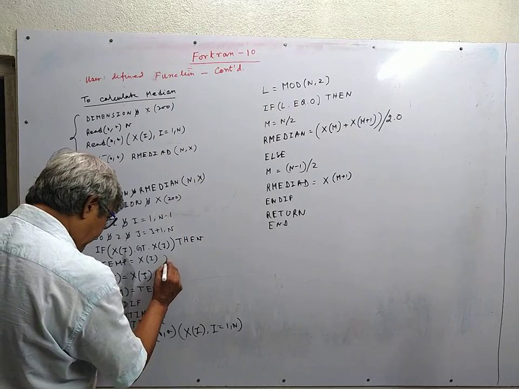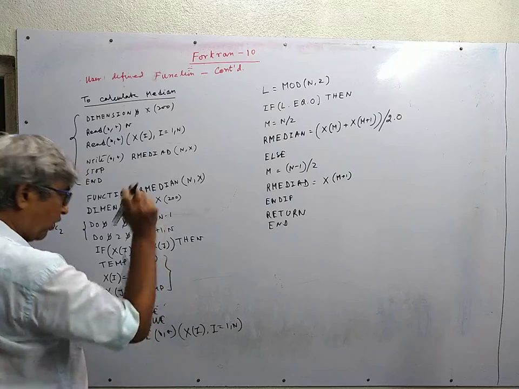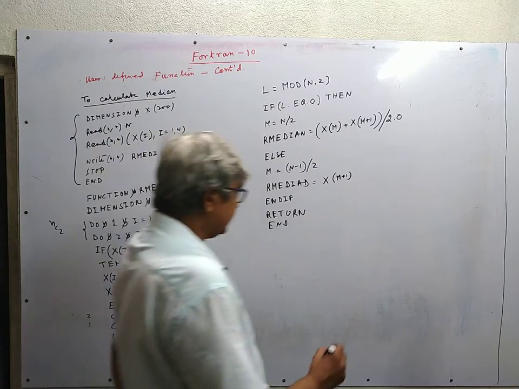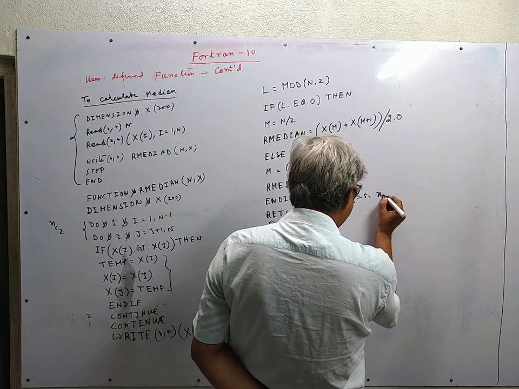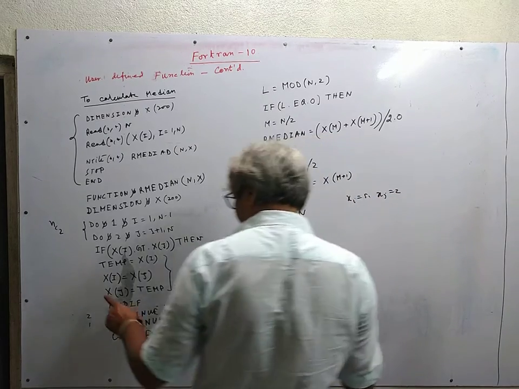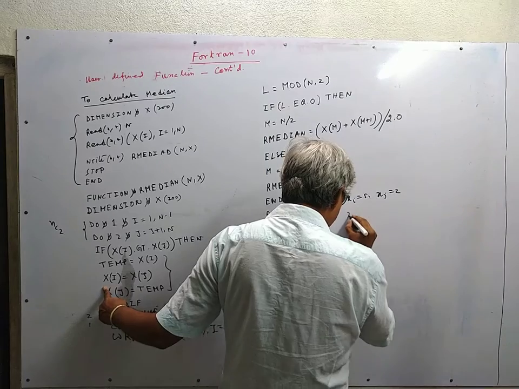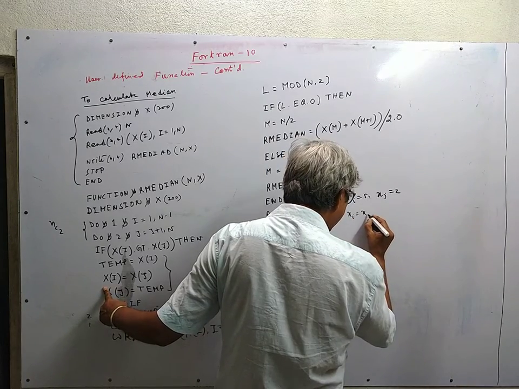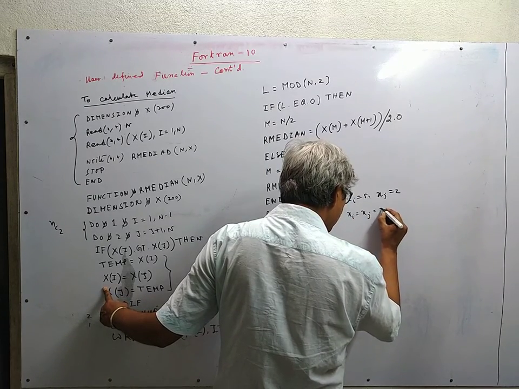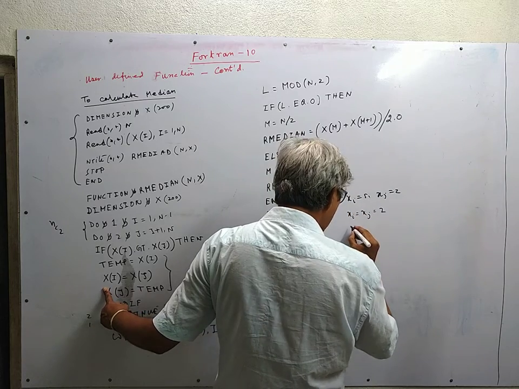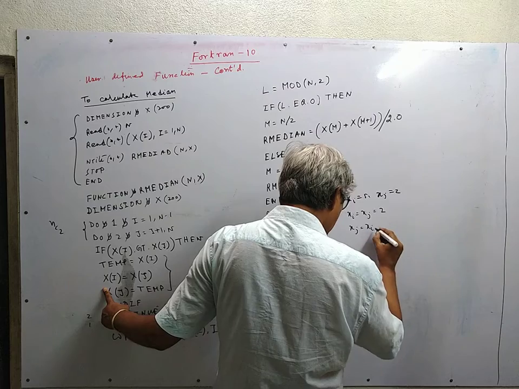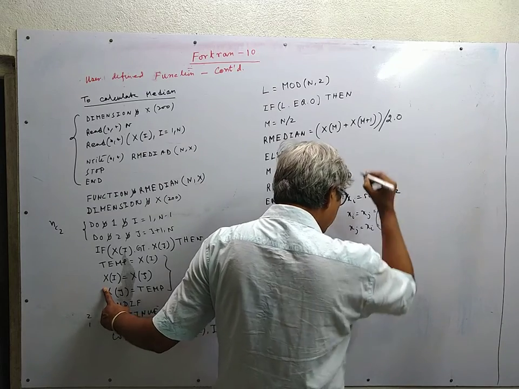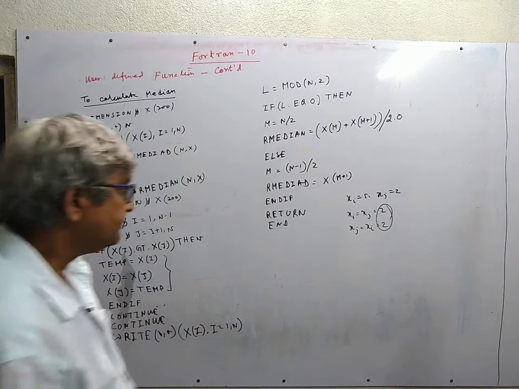One point I want to make clear: if we do not do this, what will happen? In that case, as an example I have taken xi is equal to 5, xj is equal to 2. In the first step I write xi is equal to xj, this is equal to 2, so xi is 2, and now I write xj is equal to xi, it is again 2, both of them would be 2.